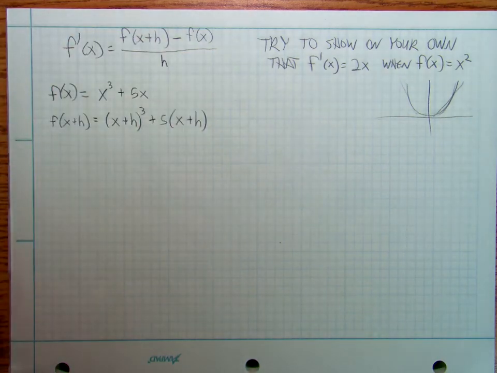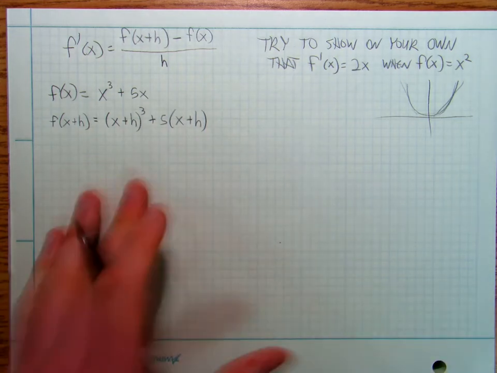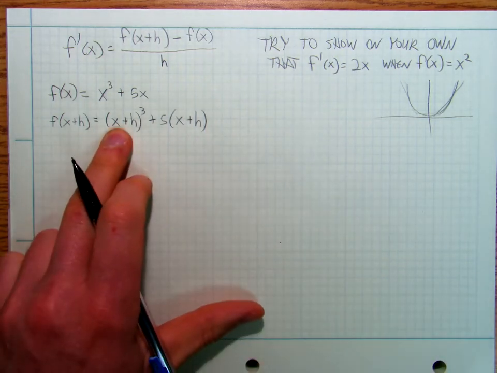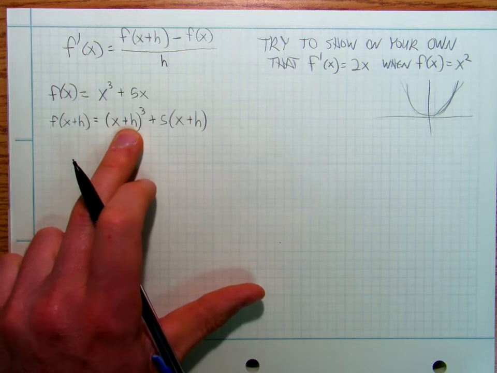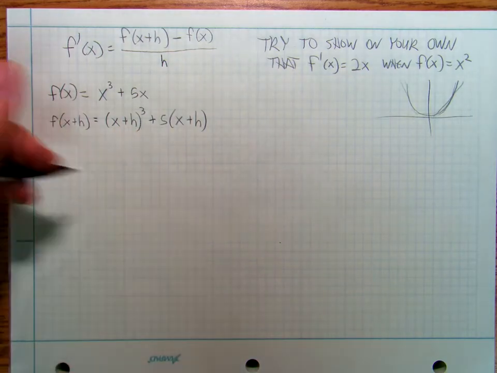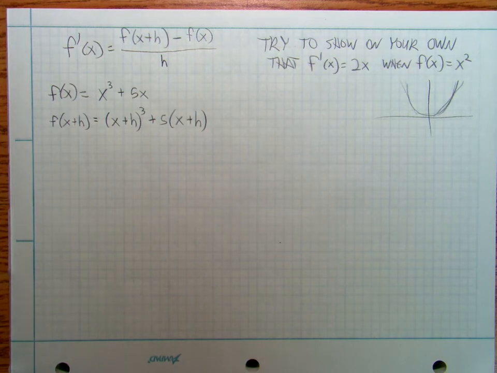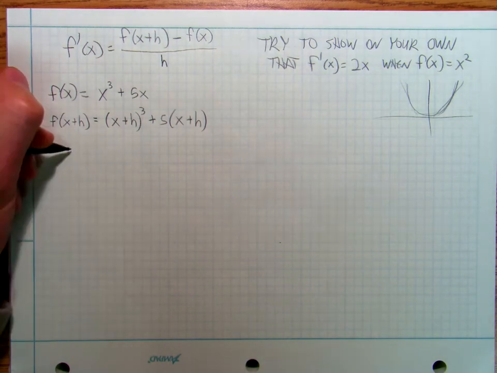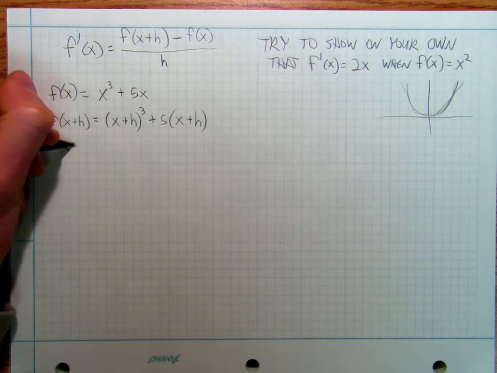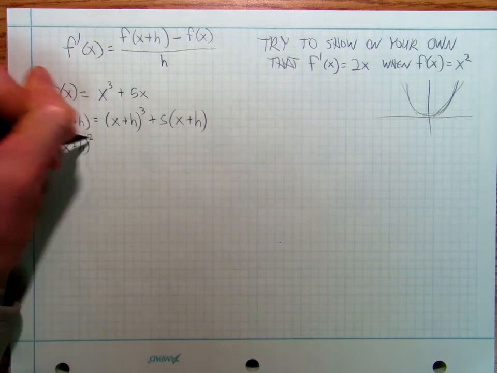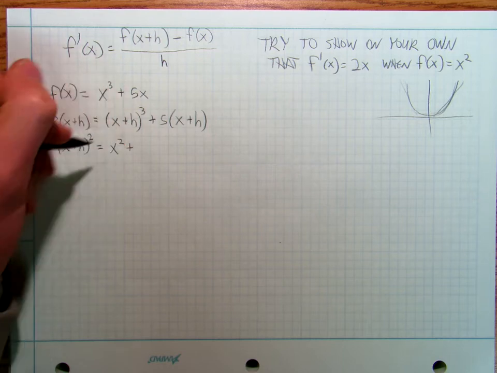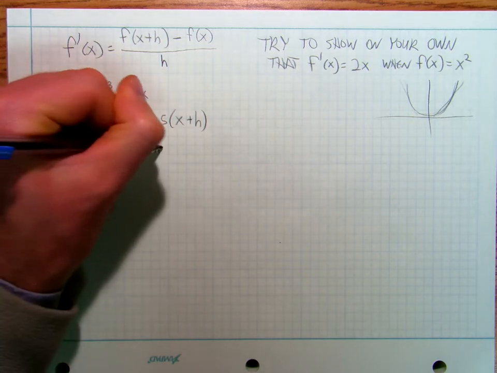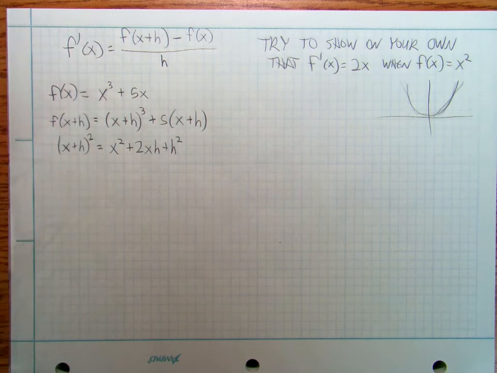Now I'm going to want to write this out and distribute everything. So the first thing I've got to do is FOIL out this x plus h. I could find funky ways to do it, but let's just do it brute force. If I do x plus h squared, that's going to be x squared plus 2xh plus h squared.